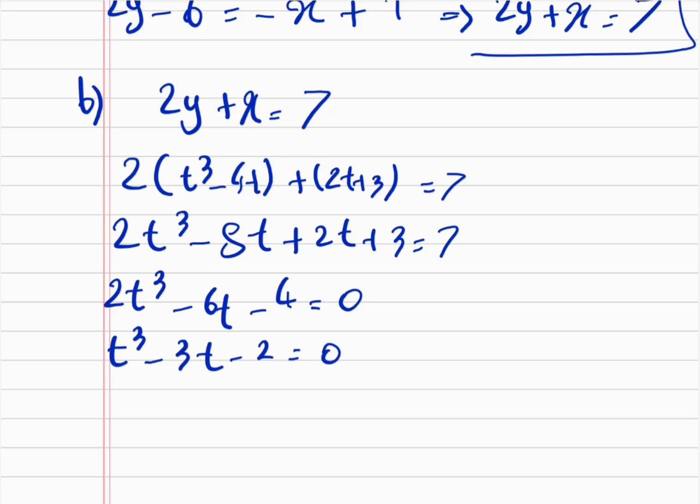This is now the equation, and it's a cubic. Normally in questions like this we get a quadratic, but this time we have a cubic. But it's fine. It just means that solving this might be slightly more involved. Now that we have a cubic equation, we want to find the values of t and solve this equation, because one of the values of t will obviously be -1, since these are the values at which the tangent line cuts the curve, and we know that point A has the t value of -1.